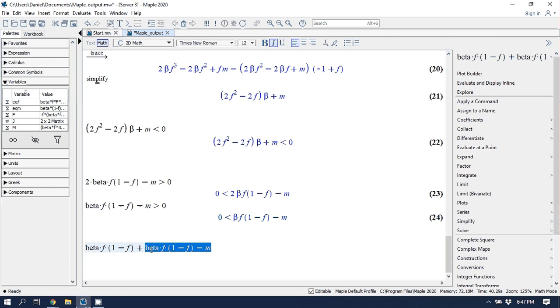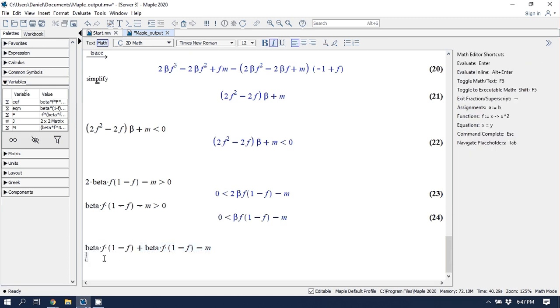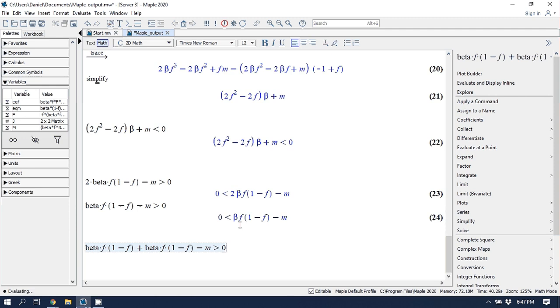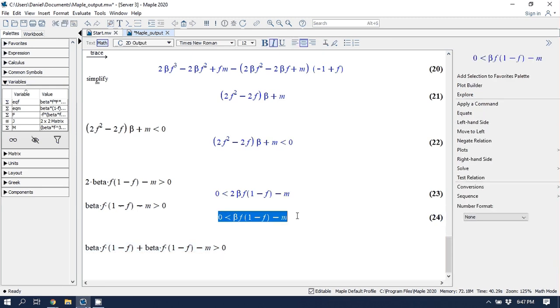So if I know already that beta f times 1 minus f minus m is positive, adding another positive quantity, because this is always positive, remember, f is between 0 and 1, of course, will still maintain the sign greater than 0. So the trace less than 0 is equivalent to this, which automatically follows from this condition.